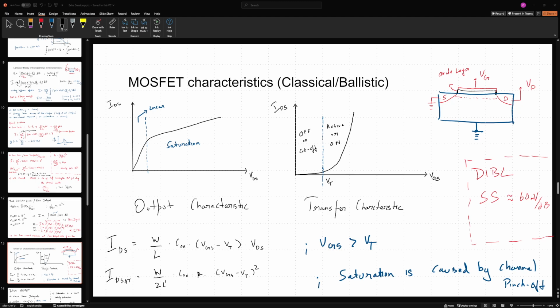Just one second. Let me verify the expression to make sure I'm not making any mistakes. Oh yeah, of course, the mobility is there.